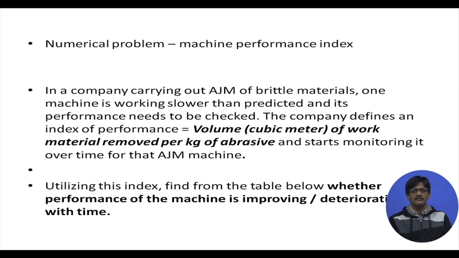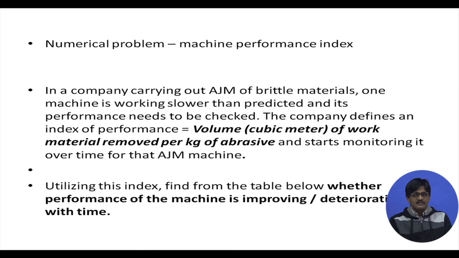So, it is quite easy to understand. I am removing this much amount of material, but I am having to spend this much amount of abrasive for that, and this I am defining as my performance index. I will check that. If it is going down, it is bad. If it is going up, it is good, and starts monitoring it over time for that AGM machine.